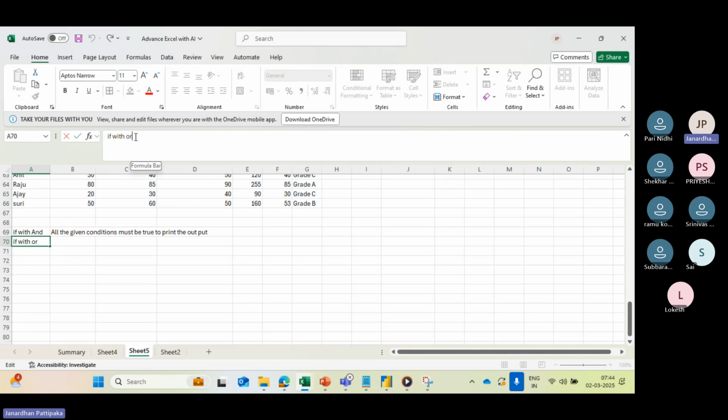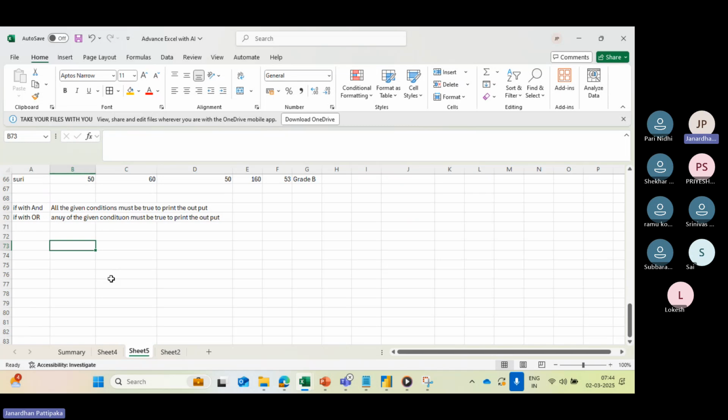If you use it along with or, if any of the given conditions is true, it prints the output. So I will use if along with another condition, if with and.